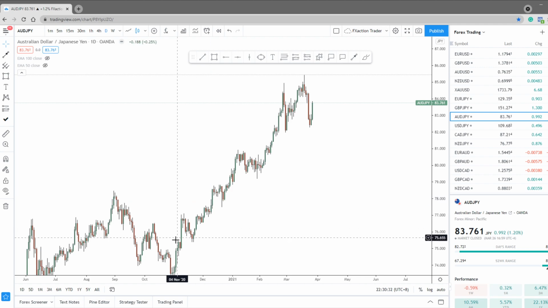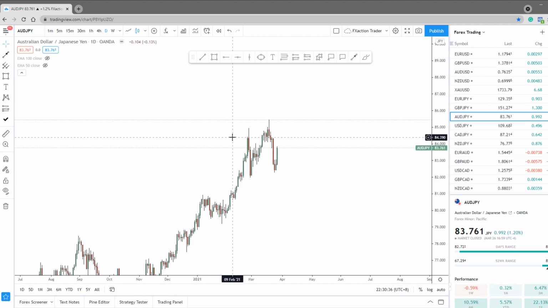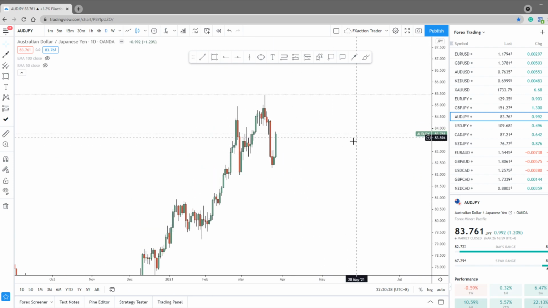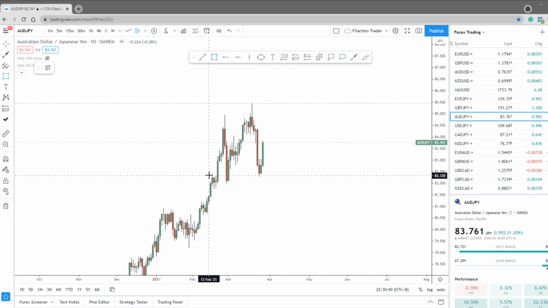The market has been continuing to push higher and higher. And last week, we saw the market respecting this higher low level as a very strong support zone, and there is bullish momentum in terms of trend continuation.